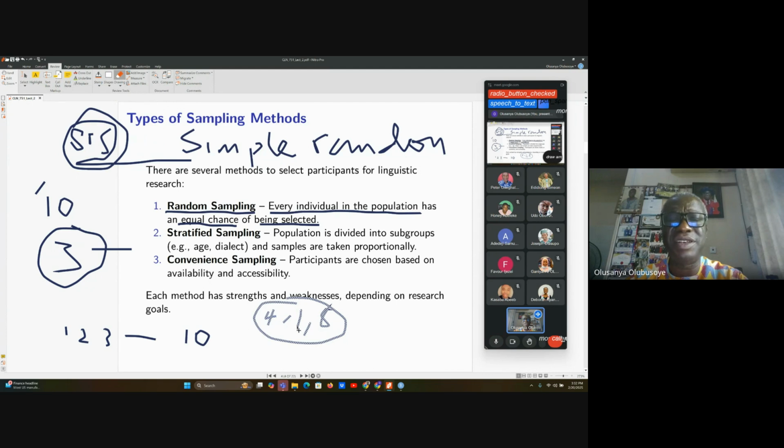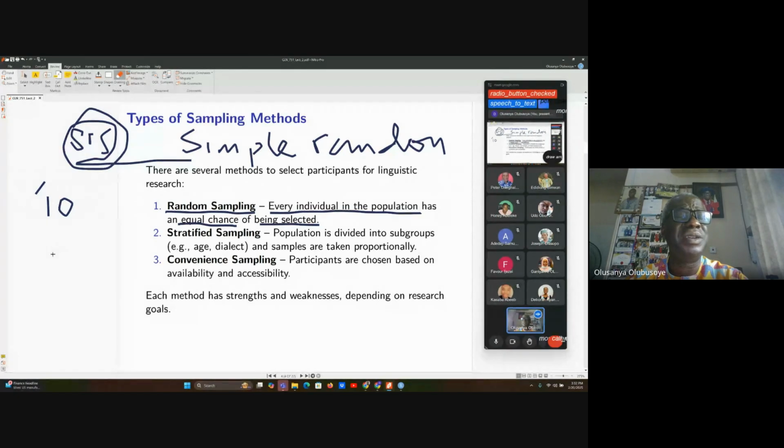Nobody is discriminated. And discrimination can happen. People know how to discriminate. If I want to discriminate, since I want 3 out of 10, I can choose Ghanaian and say, Ghanaian, stay aside, and then ask the remaining 9 and select 2 from them. Or I might say, oh, I want only females.